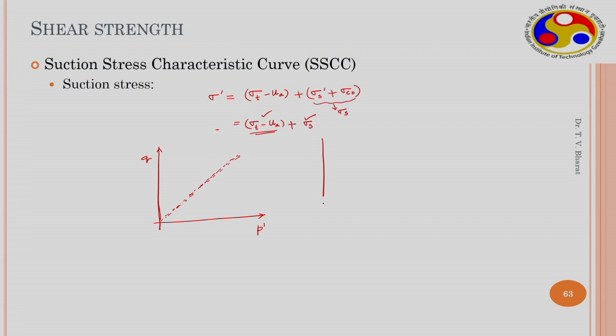And similarly, we can plot sigma s and u minus uw. So, we get data somewhat like this. So, this is the SSCC, suction stress characteristic curve.